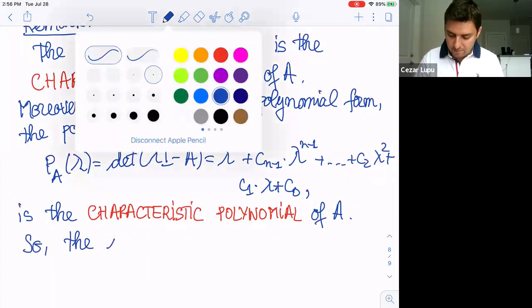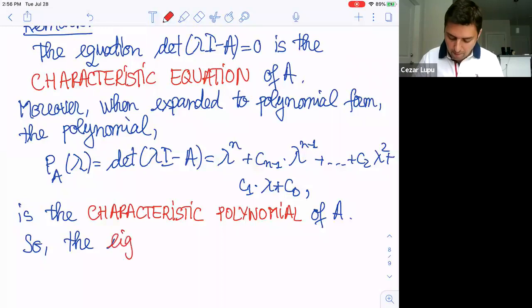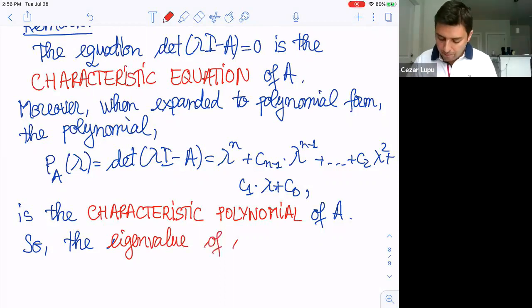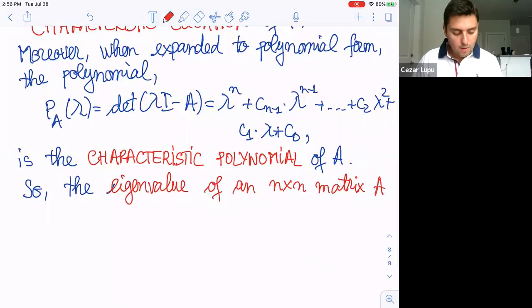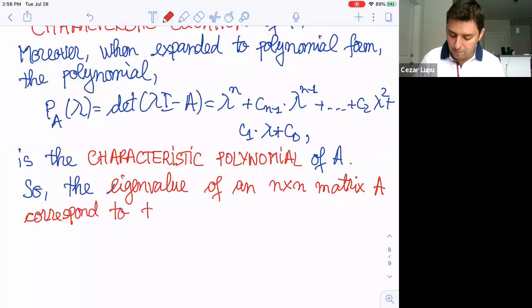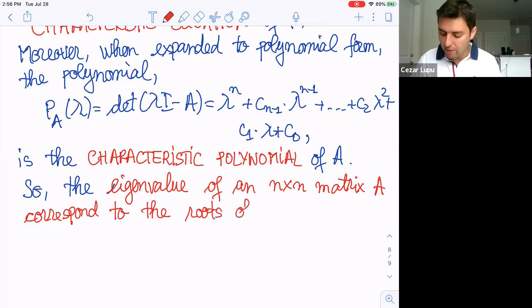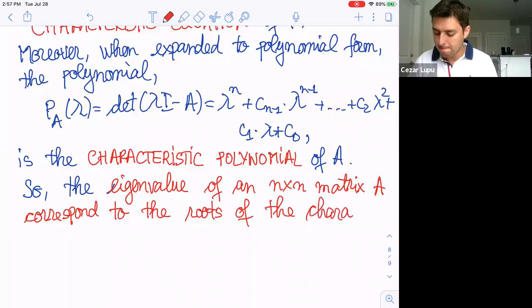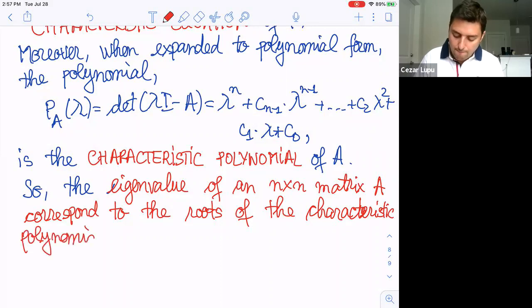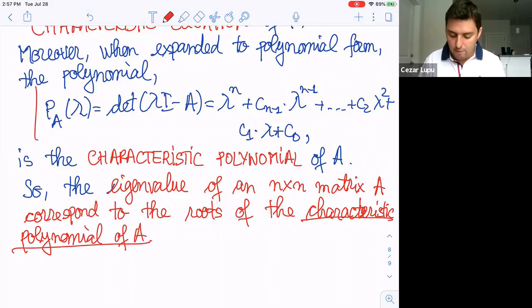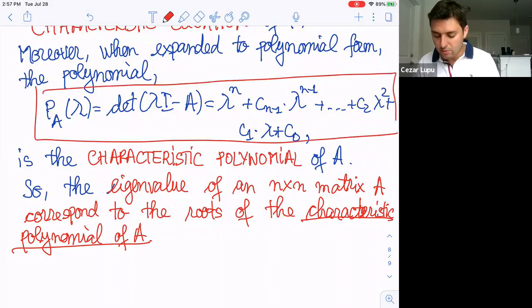So the eigenvalues, that's my point here, are nothing else than just the roots of the characteristic polynomial. The eigenvalues of an n by n matrix A correspond to the roots of the characteristic polynomial of A. In other words, if you want to find the eigenvalues, you look at the characteristic polynomial and at the roots or zeros of this guy.